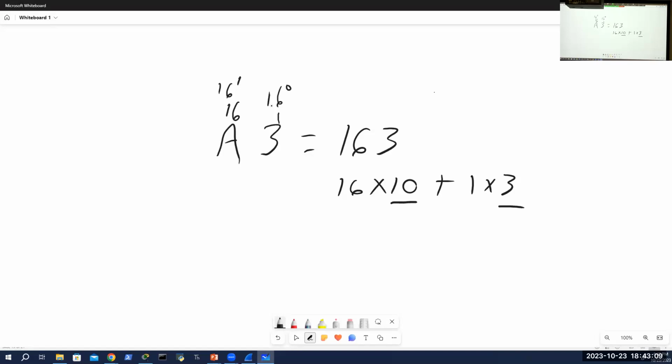The worst arithmetic you have to do is like 16 times 16, so 256, or 16 times 12, 192. That's the most difficult arithmetic you have to do to convert a 2-digit hex to decimal: 16 times 0 through 16, and then, of course, 1 times 0 through 16.